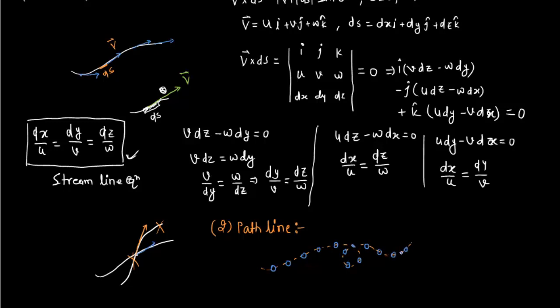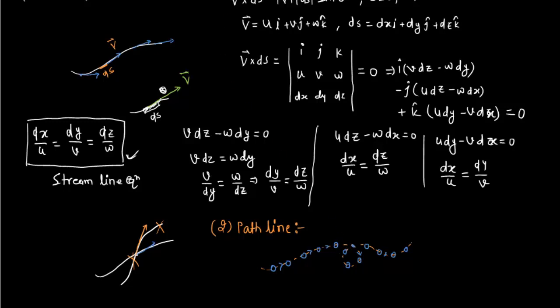Let's suppose we are saying t. So this is the path traced by the single fluid particle during the course of motion. This is defined as path line. So in this case two path lines may cross each other. Why? Because path line is the locus of a single fluid particle over the time interval.